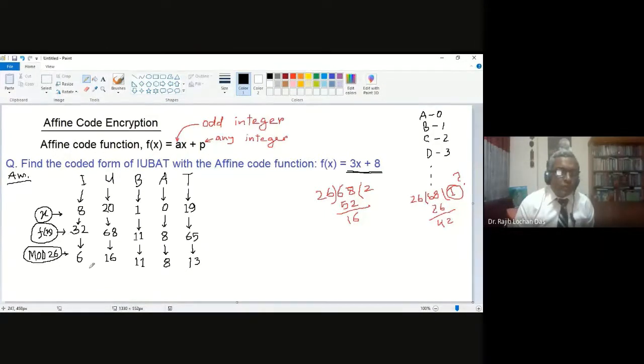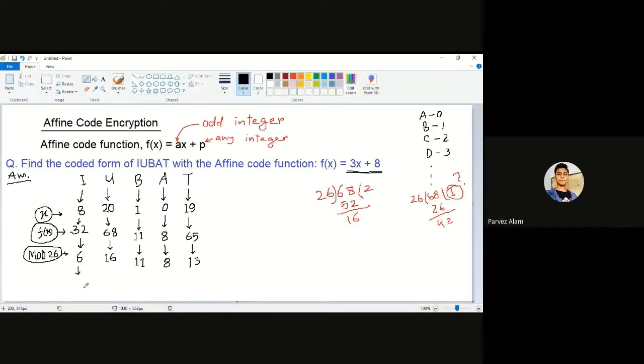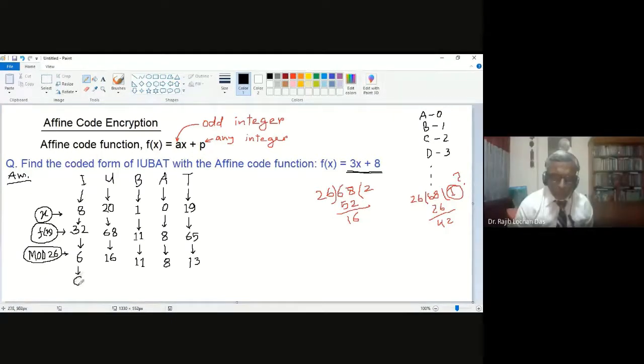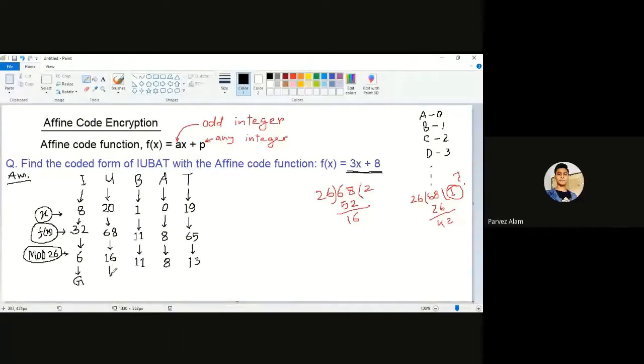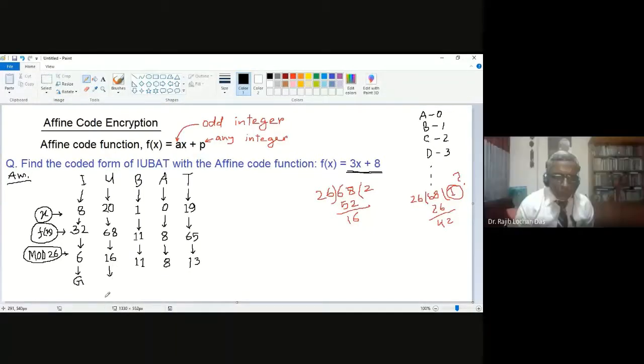Okay, now go for the letters. So what is the letter for 6? G, sir. G. Good. What is the letter for 16? Q. Q. Okay, so write Q. You check if it is right or wrong.